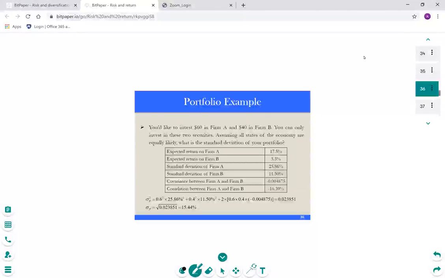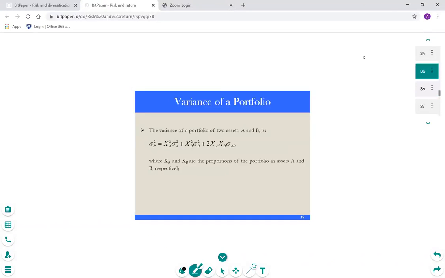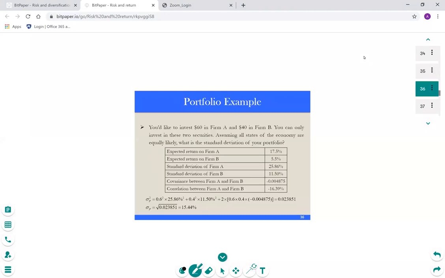Now, if we use the formula that's on the previous slide, this variance of a portfolio, and apply that to this example here, we find that the variance of the portfolio is 0.023851.